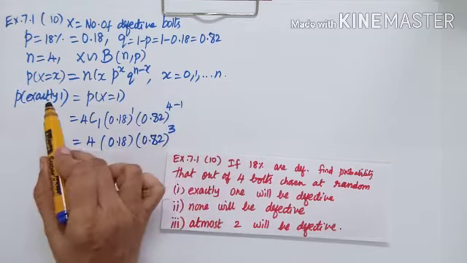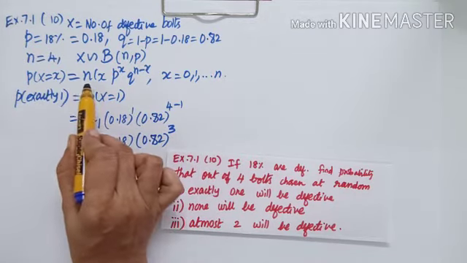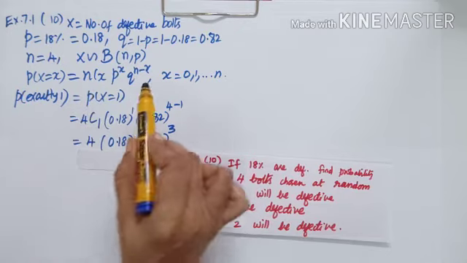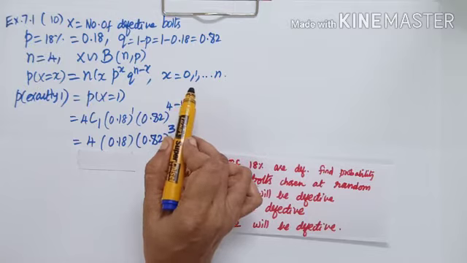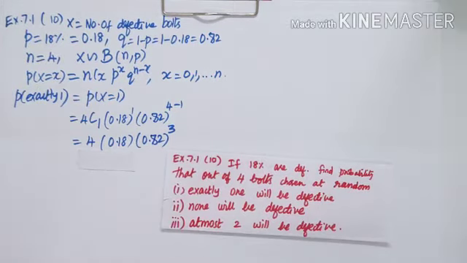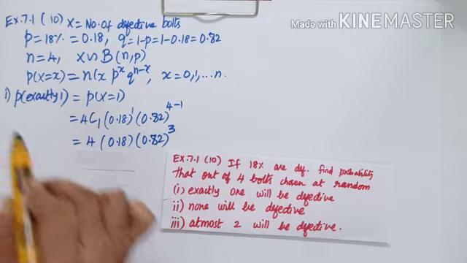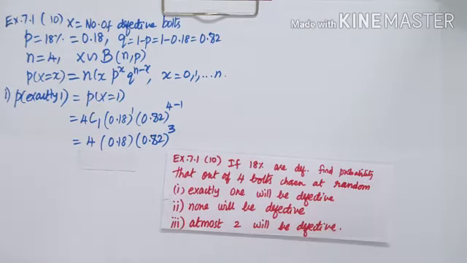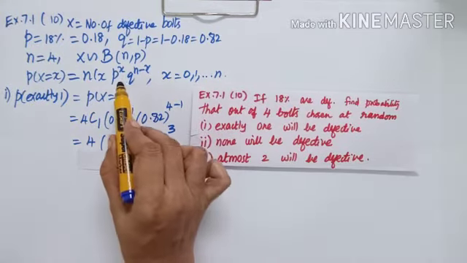The binomial distribution is P of X equal to x, which is equal to NCx, P power x, Q power N minus x, where x is equal to 0, 1, 2 and so on up to N. Now what is the first question? I want exactly 1 defective. So put x equal to 1 in this formula.